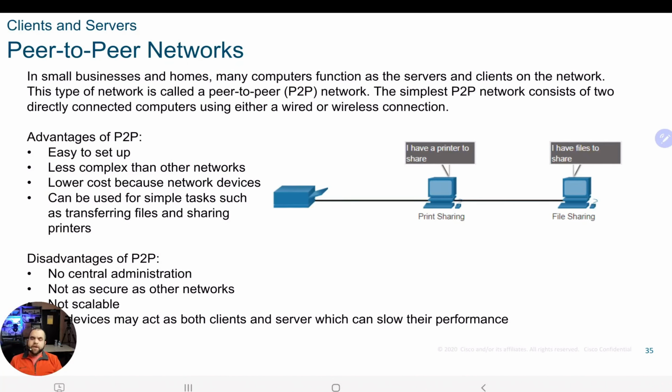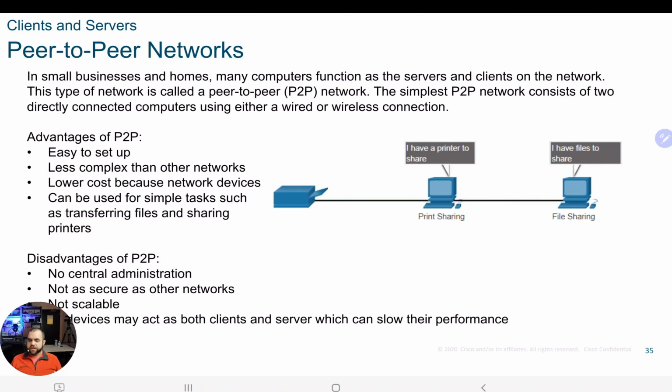You primarily see peer-to-peer networks in small offices where there might only be 3 or 4 devices, like a dentist's office, where the secretary's computer has the printer physically connected via USB, and she right-clicks on it and clicks share on the network.